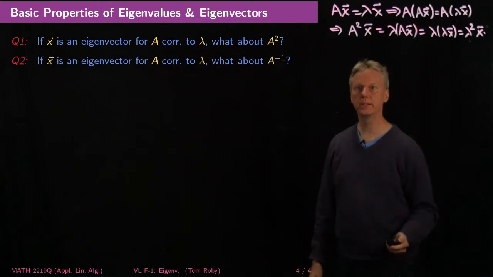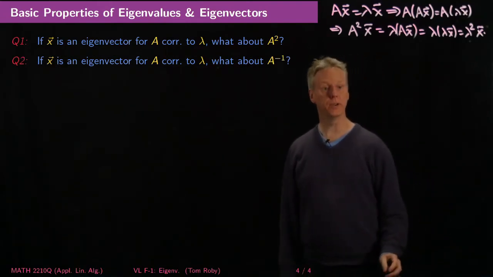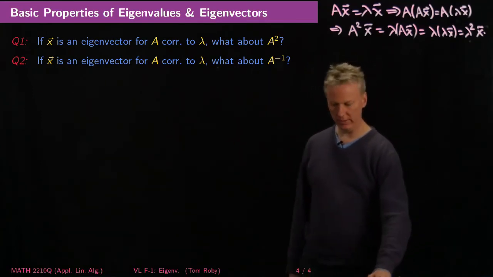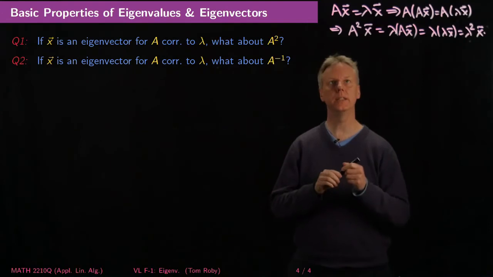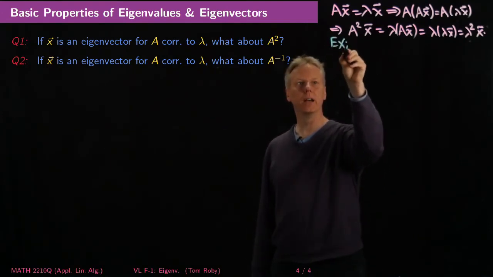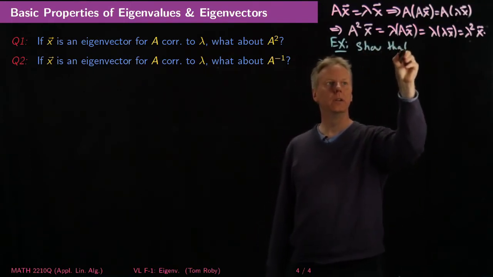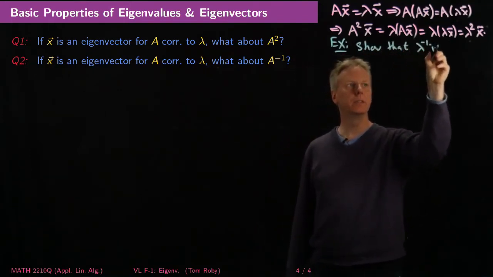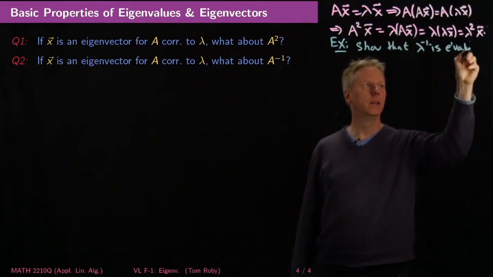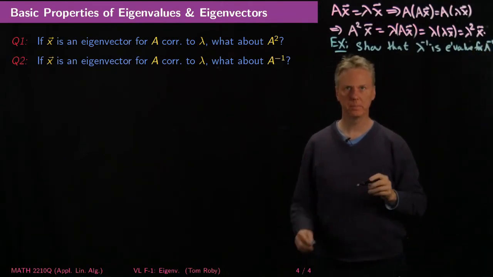Okay, next. If x is an eigenvector for A corresponding to lambda, what about A inverse? Well, you can do a similar kind of analysis. So I'll leave it as an exercise for you: show that lambda inverse is an eigenvalue for A inverse.